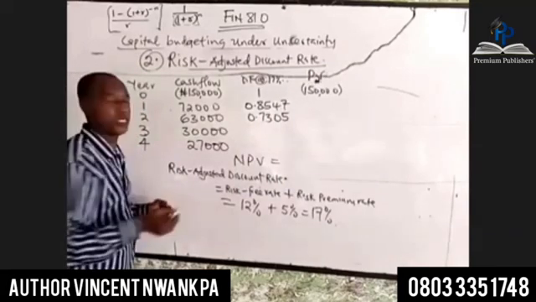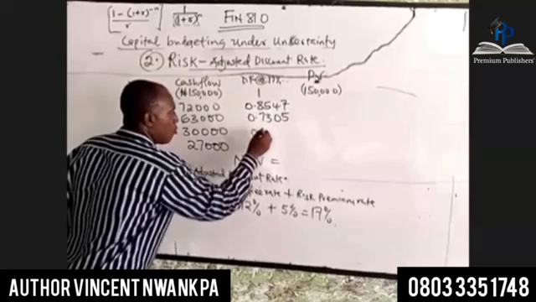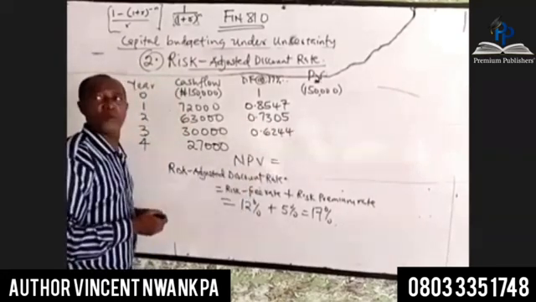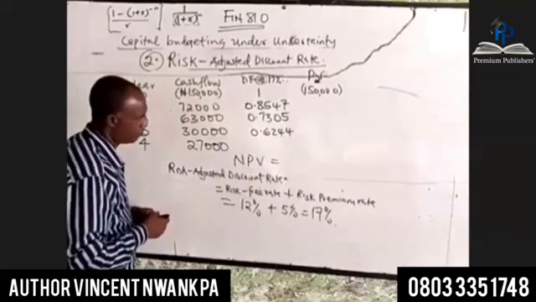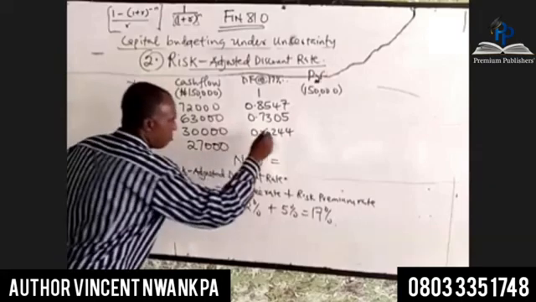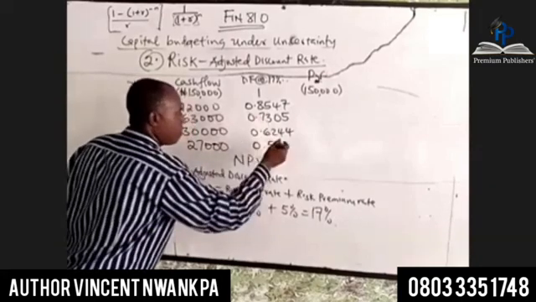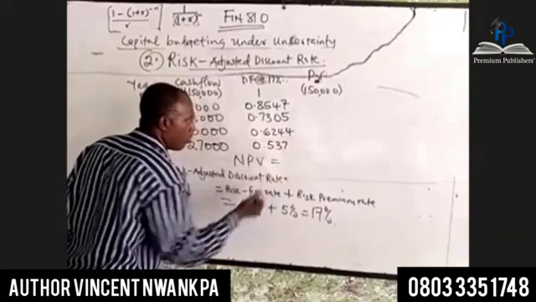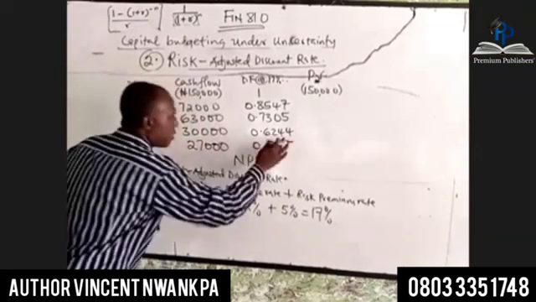Divide again by 1.17 to get 0.6244. Divide again by 1.17, and we get 0.5337.